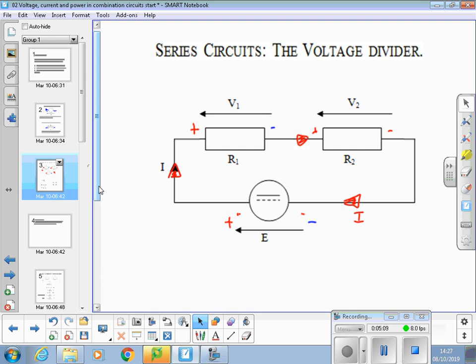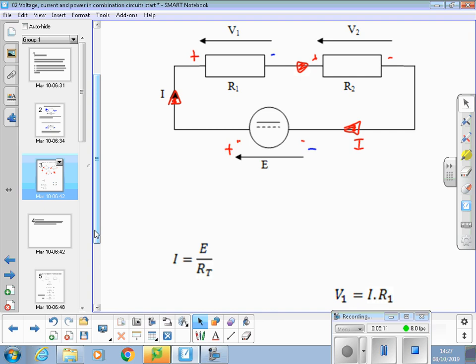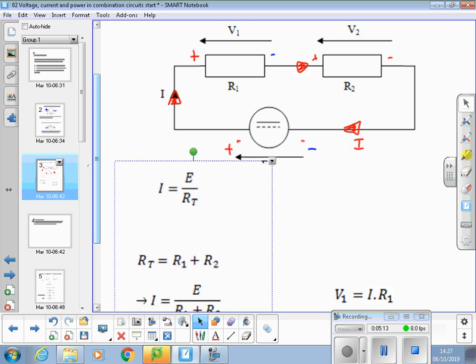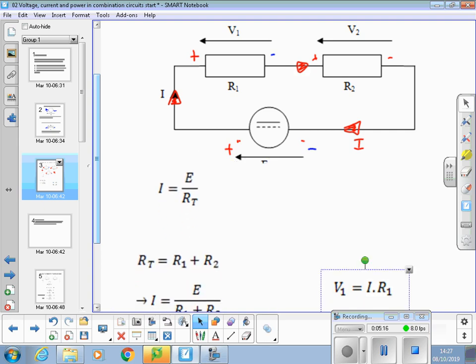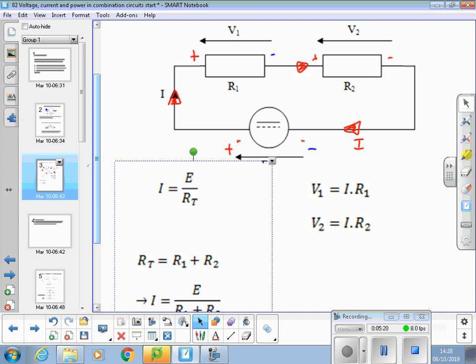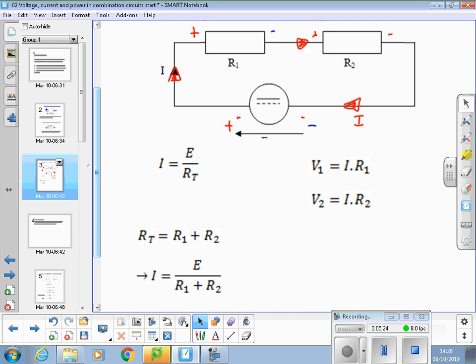Now, calculation-wise so far, we already know that we can calculate some of these values if we wanted to. We could calculate using Ohm's law. So this is Ohm's law. We know that the current flowing in the circuit is the voltage E, the total voltage, divided by the total resistance RT.